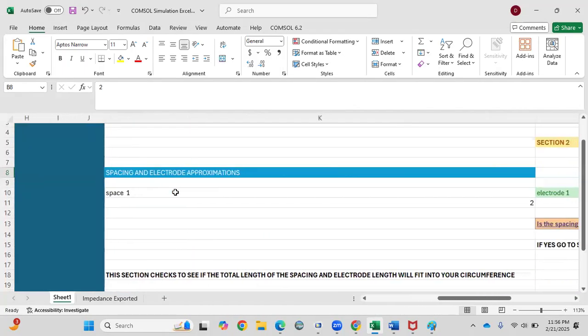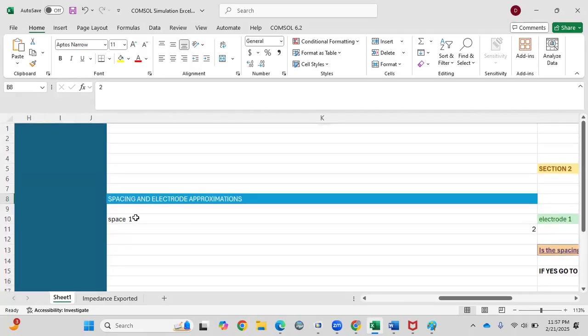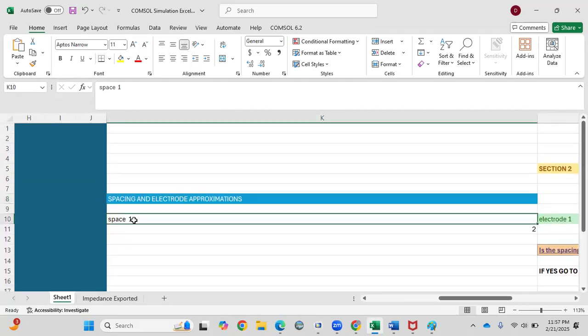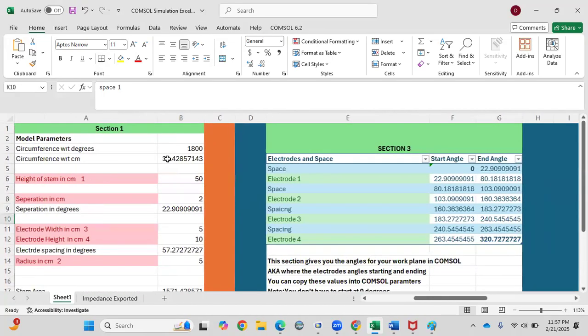Then you'll go across to section 2, and this is laying out or trying to see if the dimensions you pick for the width of the electrode and the spacing will be more than the circumference, because if it's more than the circumference, therefore you have a wrong estimation, so you have to go back. Remember, this here is the circumference.